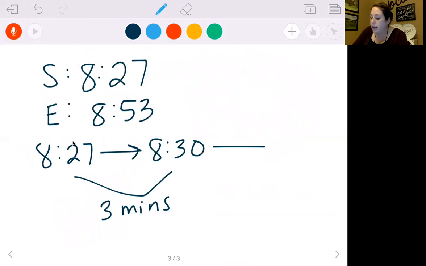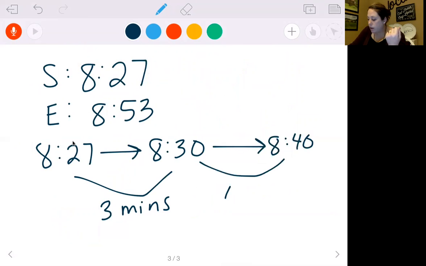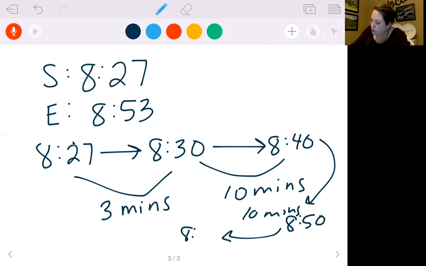Then we can say 8:30, 8:40 is 10 minutes. To 8:50 is 10 more minutes. Then to get from 8:50 to 8:53 is 3 minutes.